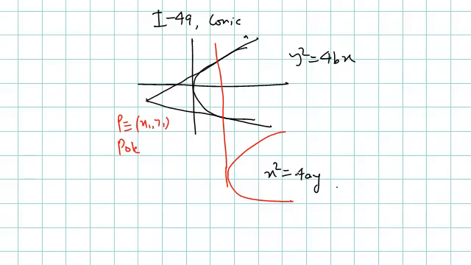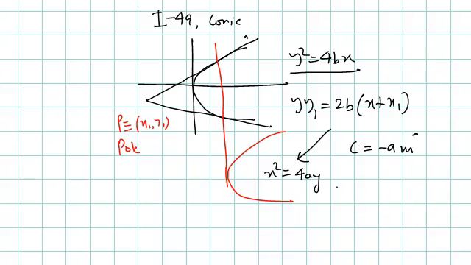We'll write the equation of polar with respect to this parabola, that is y1 equals to 2b into x plus x1. Now touches this parabola means c equal to minus am square, the result we derived just before this. And if you express this in standard form, it is y equals to 2b by y1 into x plus 2b x1 by y1.